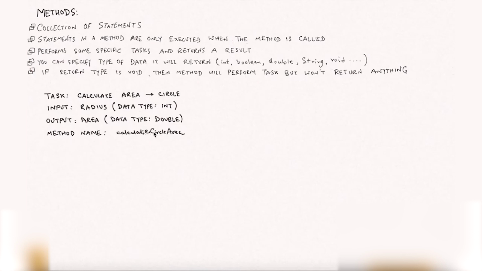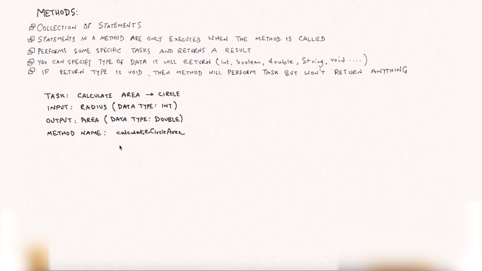So the first letter of circle is capital C, the first letter of area is capital A, but the first letter of the very first word is always small because we always start the names of methods with lowercase letters. So this is called camel casing.